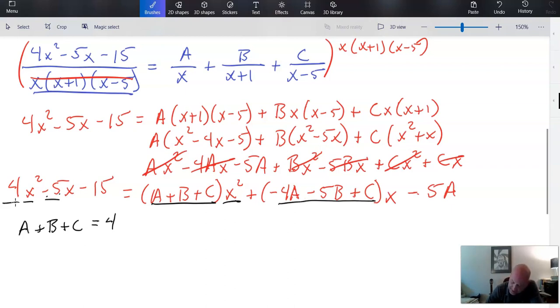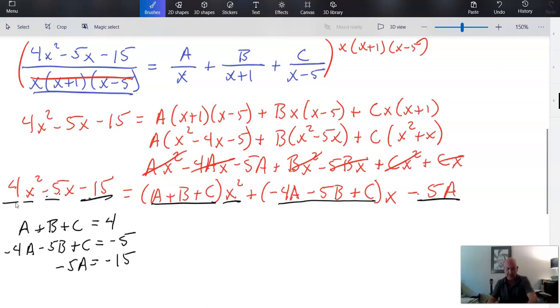It takes all of that to be a coefficient of x and equal negative 5. So the next one is minus 4a minus 5b plus c is equal to negative 5. Okay, now, last one. I have negative 15, and that's the only thing I have. This is the only constant term I have left, which means that negative 5a is equal to negative 15.